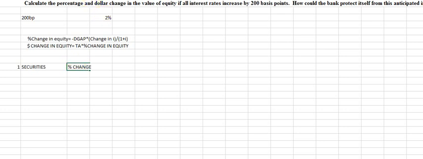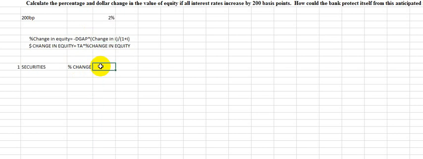The change is equal to minus the duration for the securities, which is 5 years, so minus 5 times the change in interest.